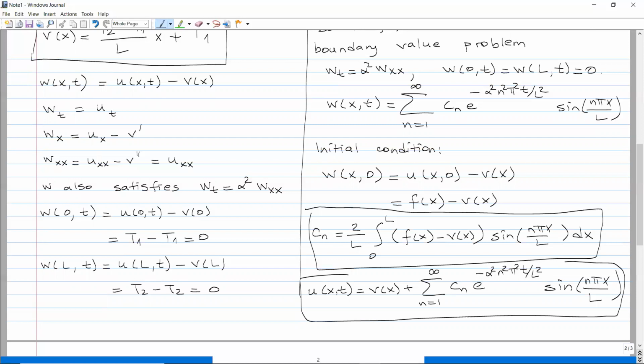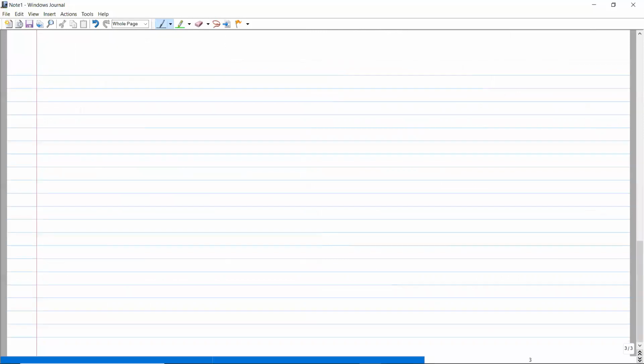Okay, let's do an example. Let's say the number alpha squared is 0.8. The length of your rod is 20. Boundary conditions: at the end x equals 0 it is 0, but at the end x equals 20, it is 60.